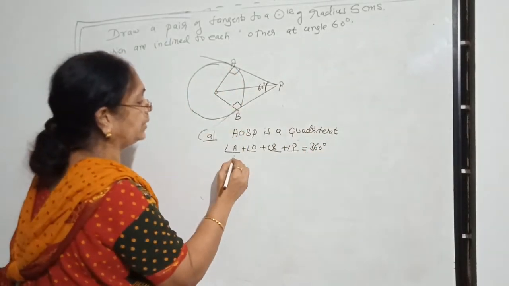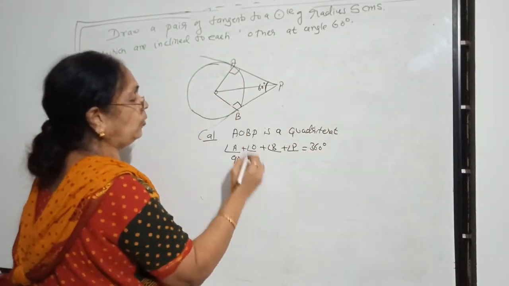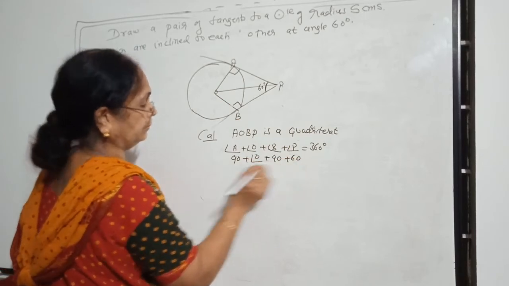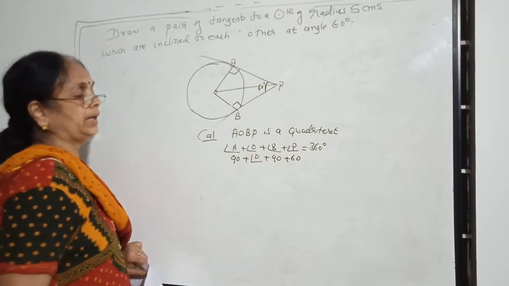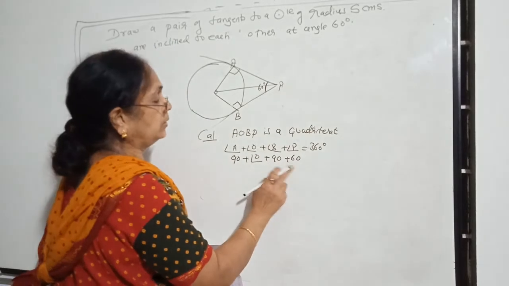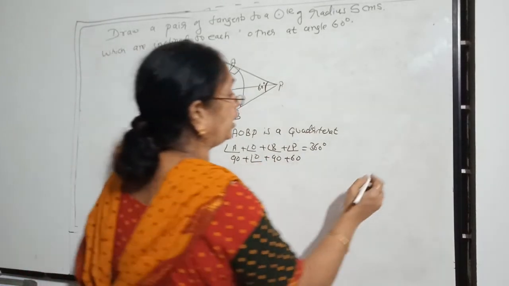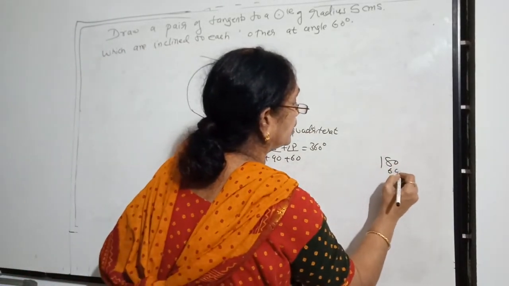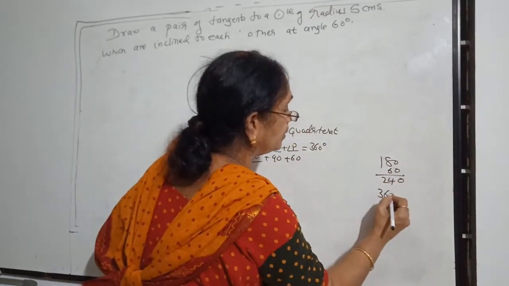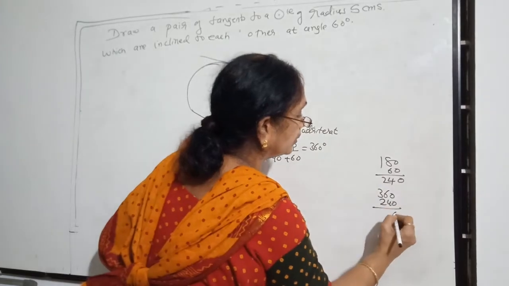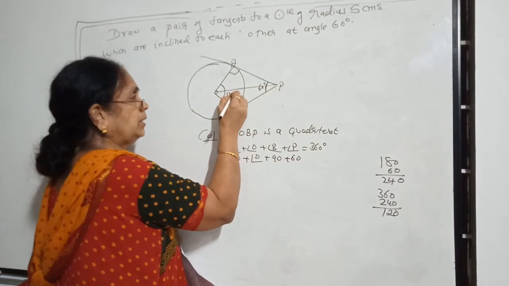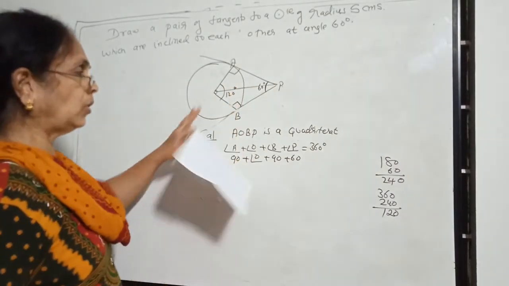Now angle A is given as 90, angle O we don't know, B is given as 90, then this is 60. 90 plus 90 is 180, 180 and 60, 240. So subtract from 360, see how much you are getting, 120 degrees. So from here to here, this is 120 degrees. Now you got it very clearly.